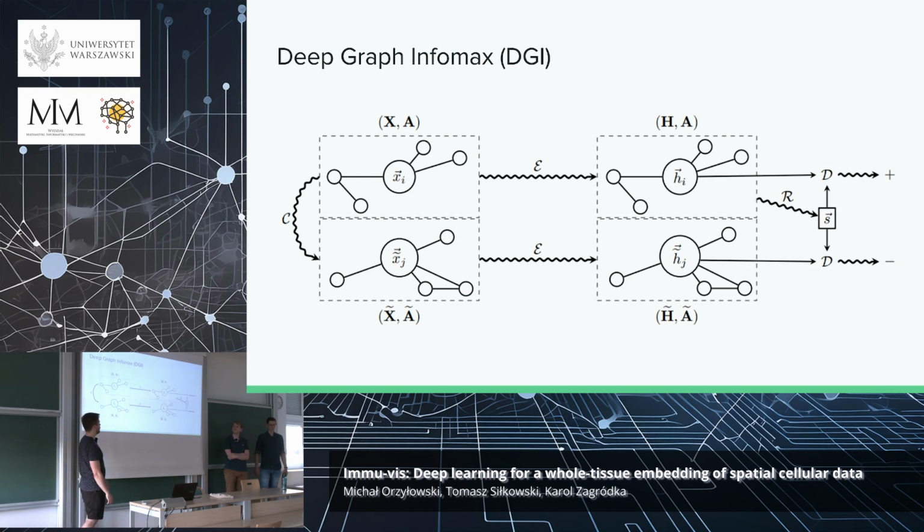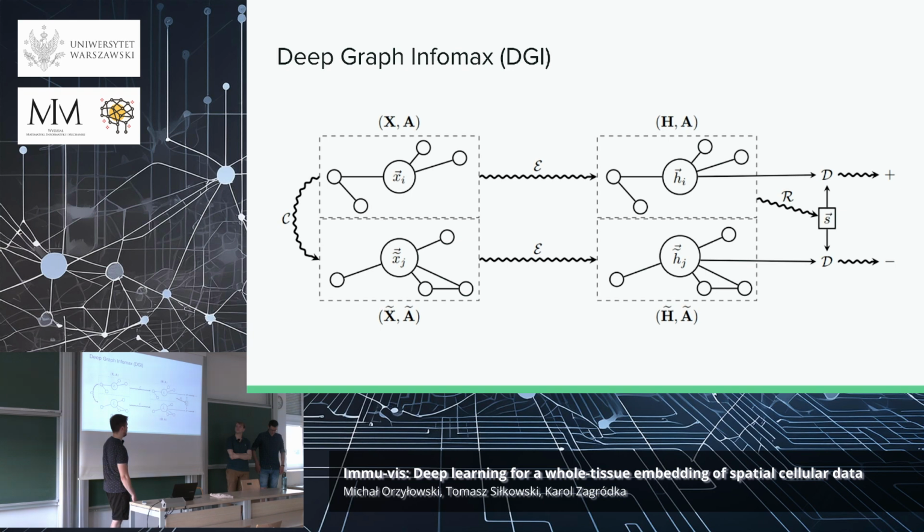We pass it through the encoder. We get two encoded graphs. And then we use a readout function to get the whole slide, whole graph embedding of our true graph.